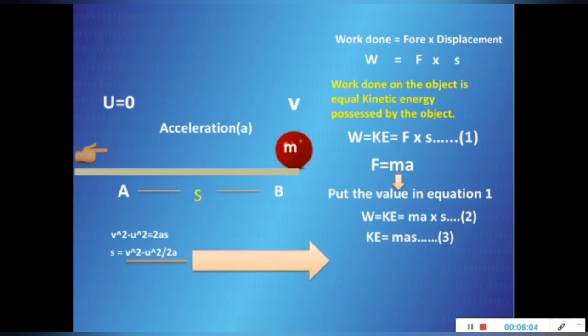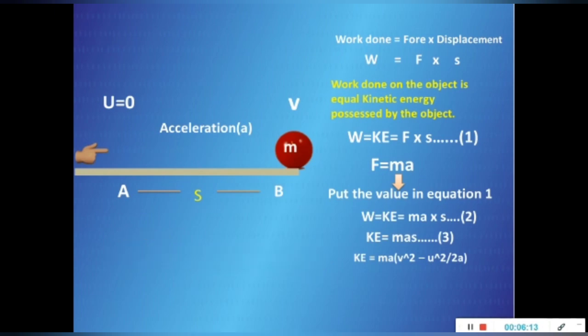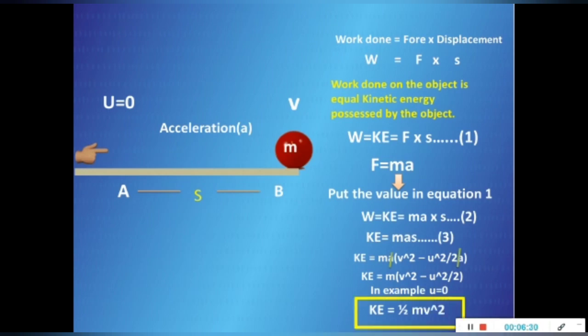Put this formula in equation 3. KE is equal to ma into v square minus u square divided by 2a. a will be cancelled. KE is equal to m into v square minus u square divided by 2. In this example, u is equal to 0, then the formula will be KE is equal to half mv square, and this is the formula of kinetic energy.